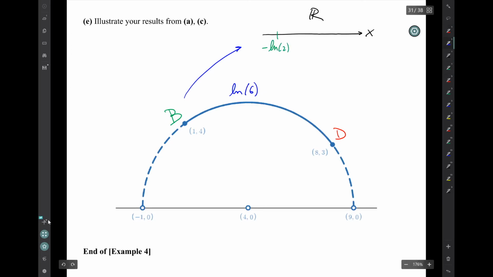And if I feed the point D through the coordinate function, what comes out is its coordinate, which is ln of 3. And if I compute the difference in those two coordinates, I get ln of 6. So the difference in the values of the coordinates is the same as the distance between the points using the distance formula.